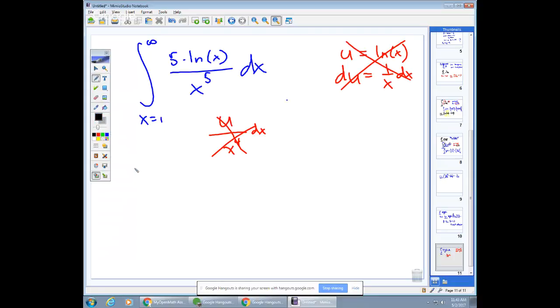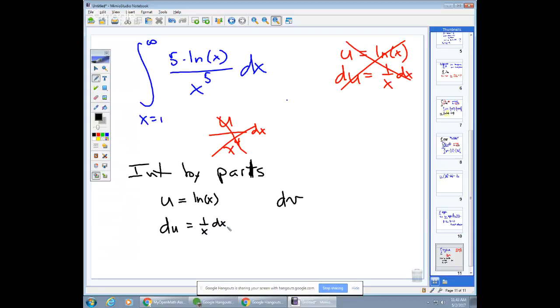Okay, integration by parts. We need to come up with a u and we need to come up with a dv. So let's see. Derivative of the natural log is pretty easy, right? So I'm thinking maybe u is going to be natural log of x, because then du is just 1 over x dx.